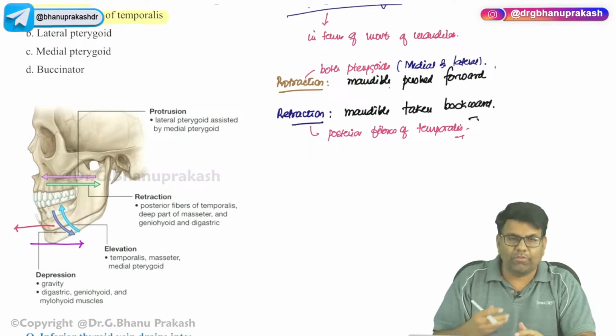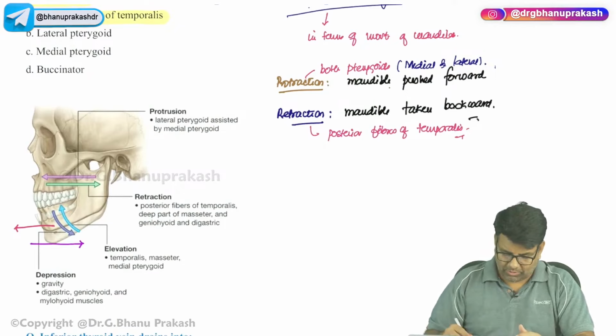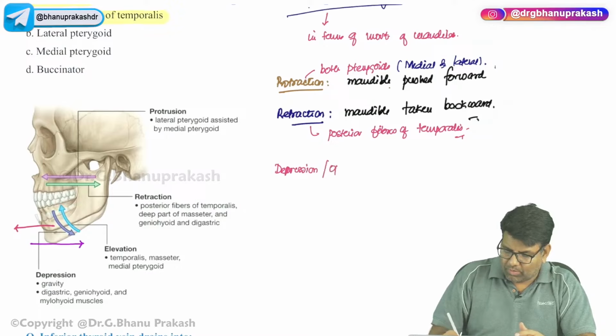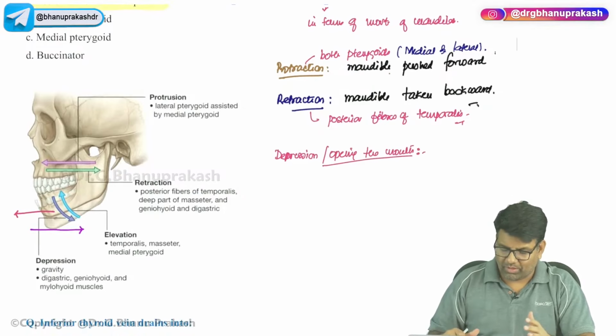Now, if we open the mouth, it means the mandible is going downward. So that is known as depression. Depression means opening the mouth. Whatever movements we have to discuss, we have to discuss in terms of the mandible only.